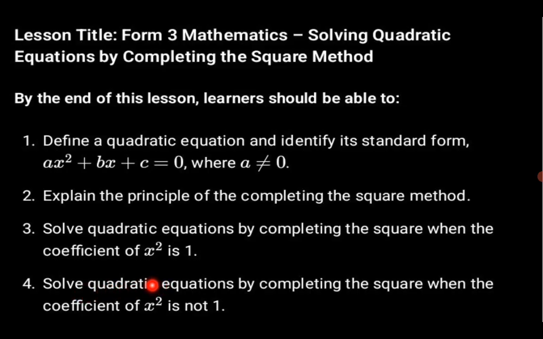And solve quadratic equations by completing the square when the coefficient of x squared is not 1, is any number. So these are the areas that we're going to dwell on.